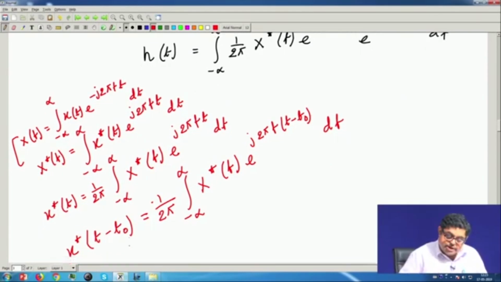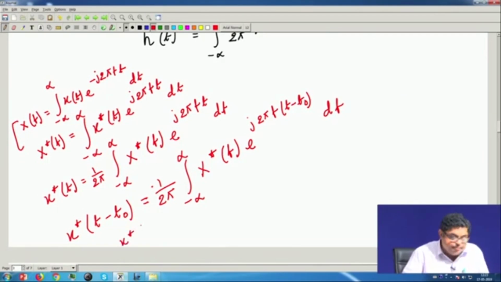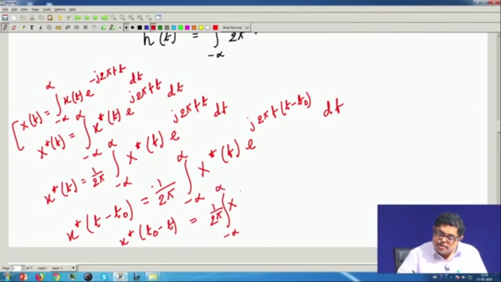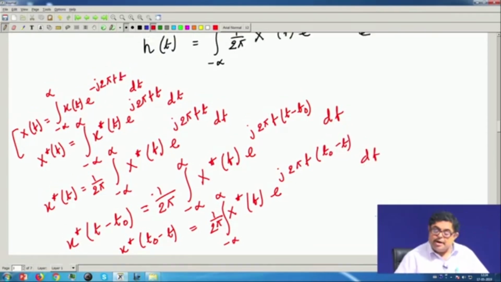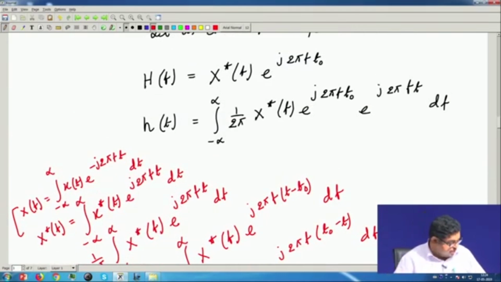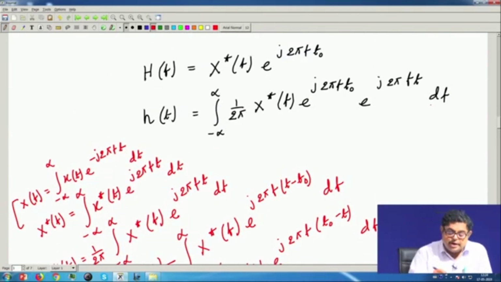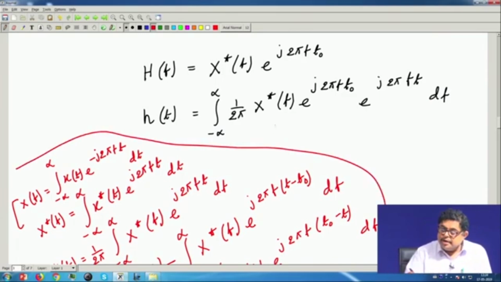But if I write what is x star(t naught minus t), then that will be 1 by 2 pi integral from minus infinity to infinity X star(f) e to the power j 2 pi f (t naught minus t) df, which is nothing but our this thing, if you look carefully.